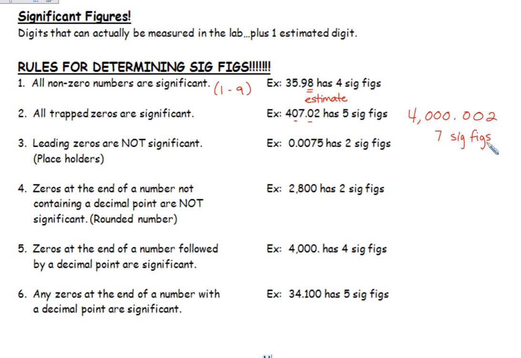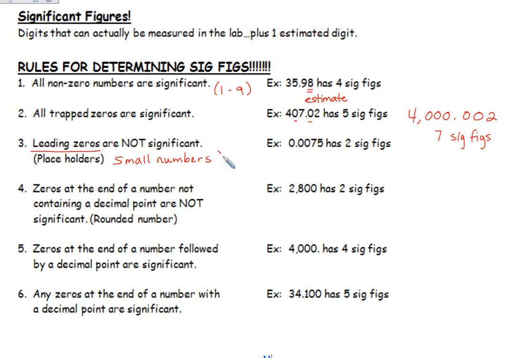Okay, so here's where things get a little more fun. Leading zeros are not significant. By a leading zero, we mean a 0 at the beginning of the number. A 0 leading off the number. Whatever this is, it's going to be a small number. So this refers to small numbers.